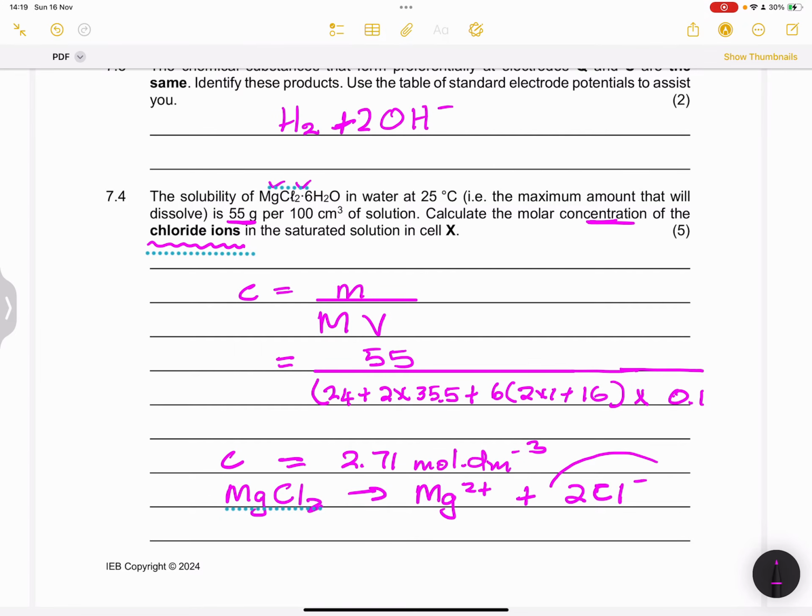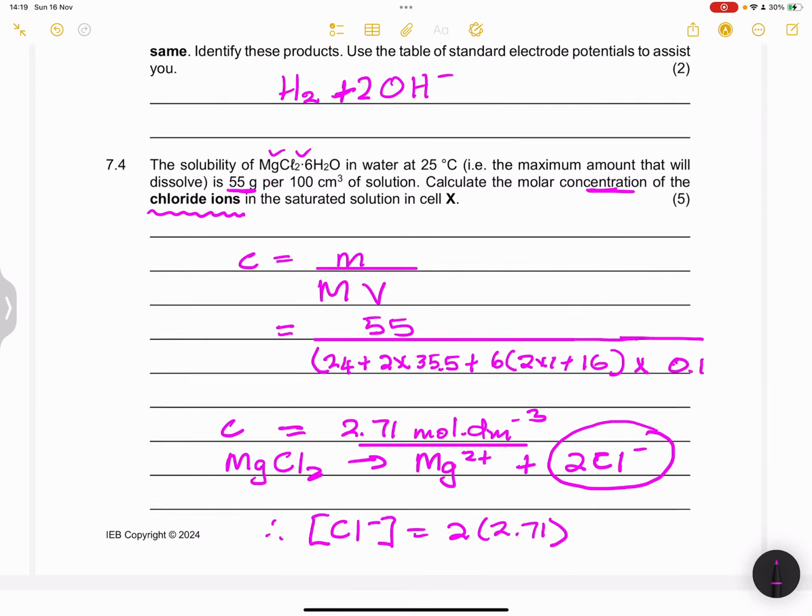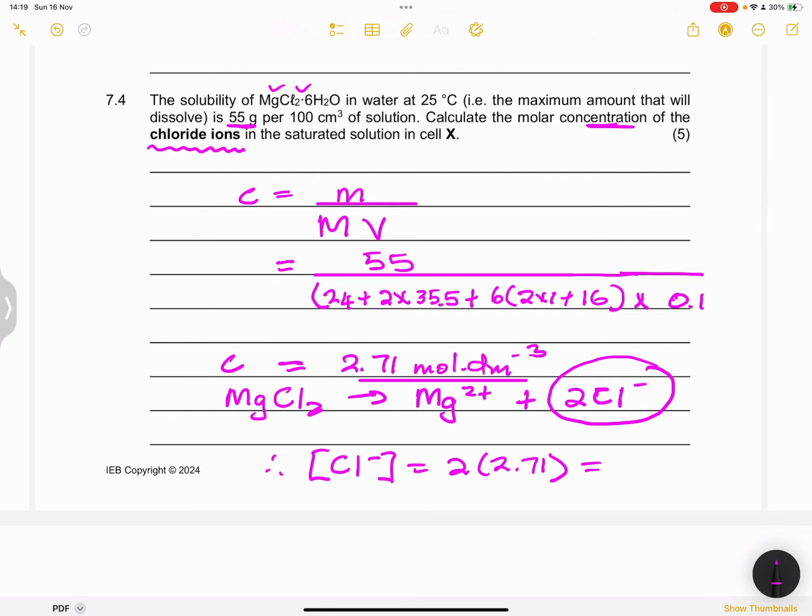Okay, so which means for every 1 mole of magnesium chloride, I've got twice the number of moles of chloride ions. So therefore, it means that the concentration of our chloride ions will be 2 times the concentration of magnesium chloride. So that's 2 times 2.71 moles per cubic decimeter. And so that's going to be 5.42 moles per cubic decimeter.